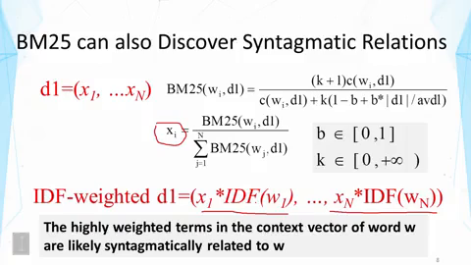Instead, those terms would be the terms that are frequent in the context but not frequent in the collection. So those are clearly the words that tend to occur in the context of the candidate word, for example, cat. So for this reason, the highly weighted terms in this IDF weighted vector can also be assumed to be candidates for syntagmatic relations.